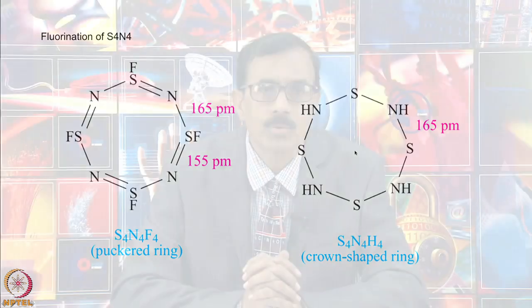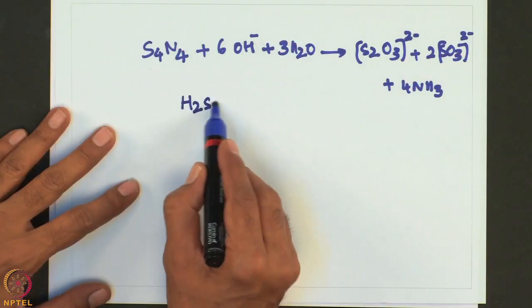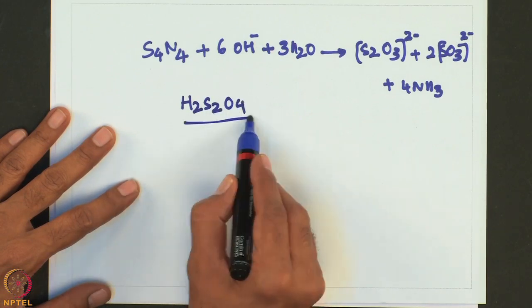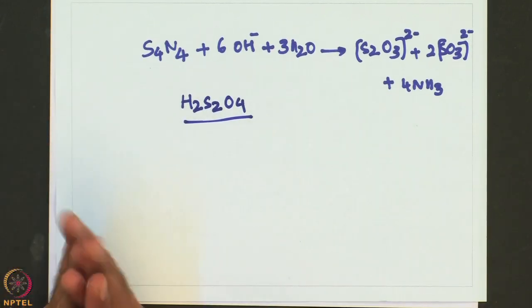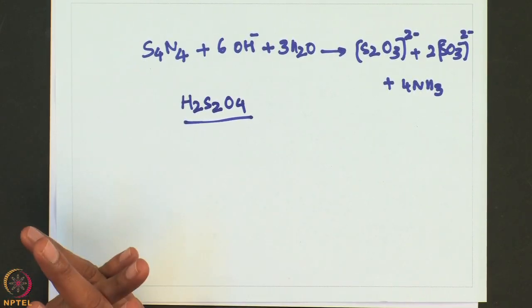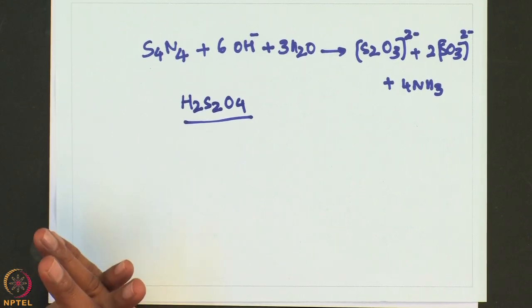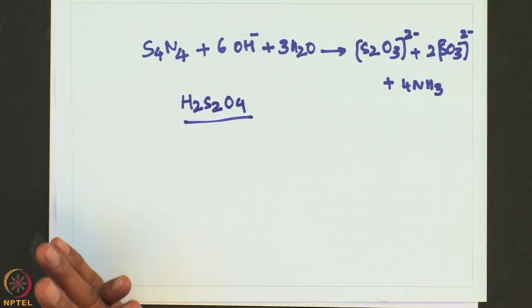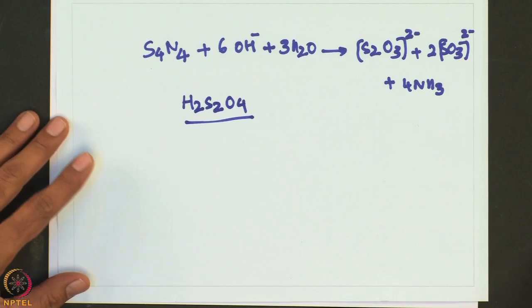Okay. Now, let us look into dithionous acid, that is H2S2O4. Only its salts are known, and these are very powerful reducing agents. Dithionite is prepared by reduction of sulphite in aqueous solution by zinc or sodium amalgam.